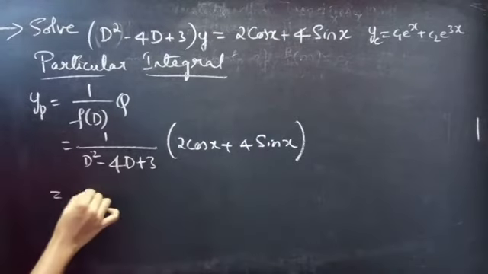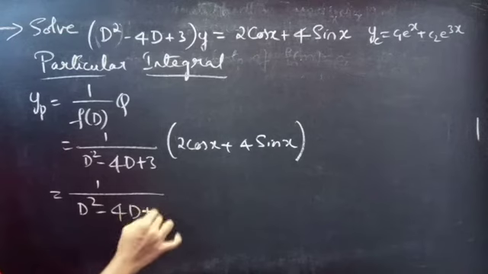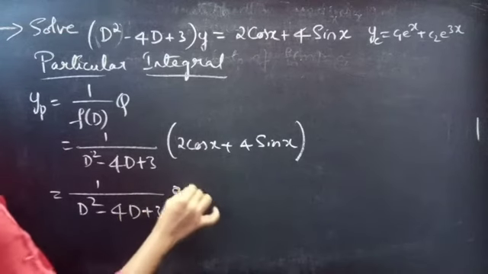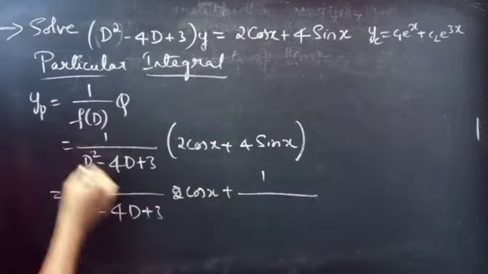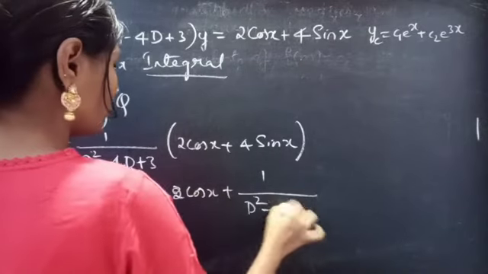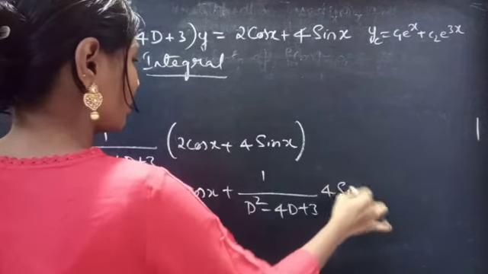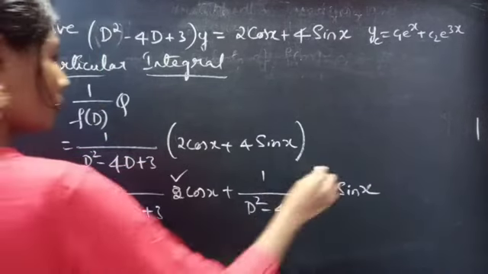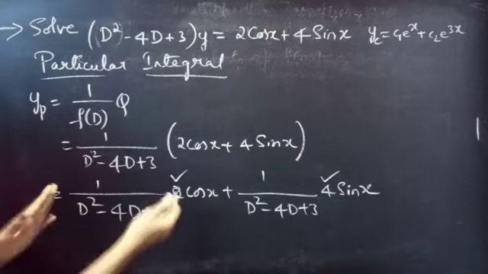You can write this as 1/f(D) into the first term 2 cos x plus 1/f(D) into the second term 4 sin x. Here 2 is a constant and 4 is a constant, so let's take them outside.